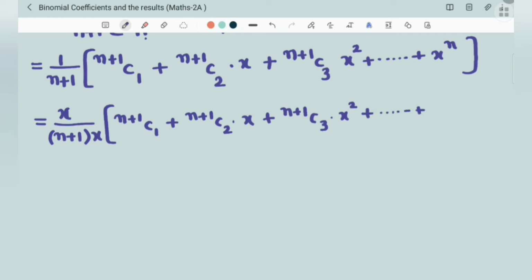In this step, what we are going to do is, the numerator x we are multiplying with each and every term in the bracket.